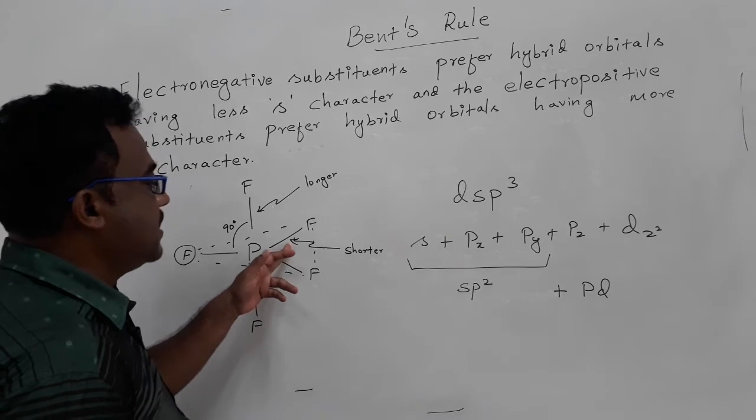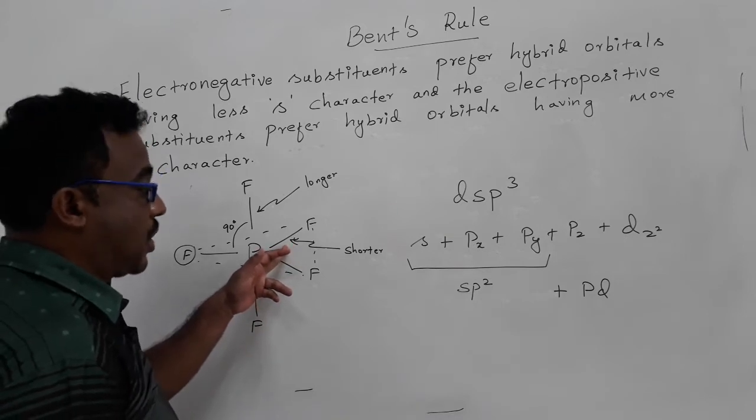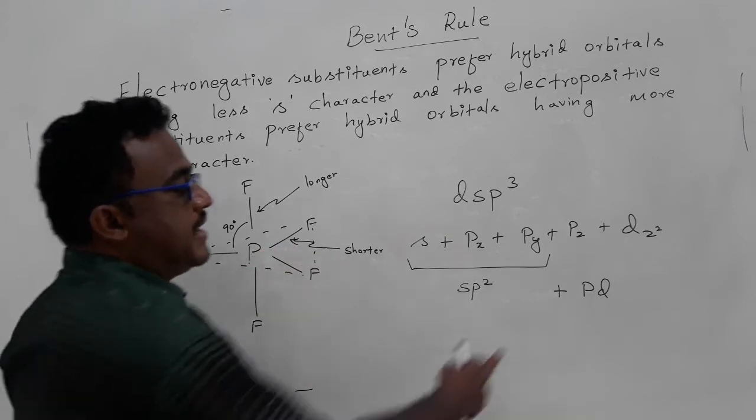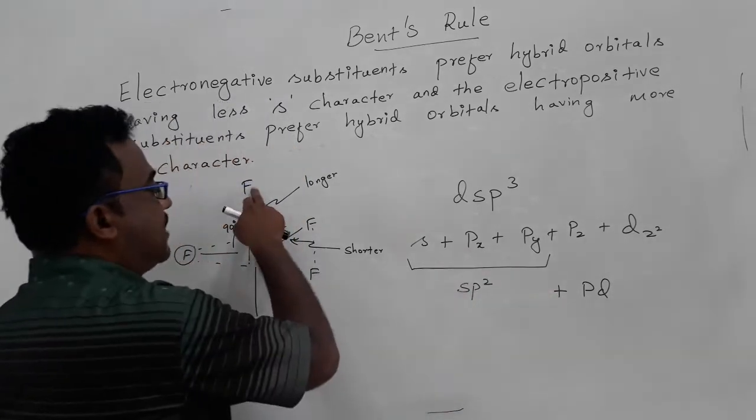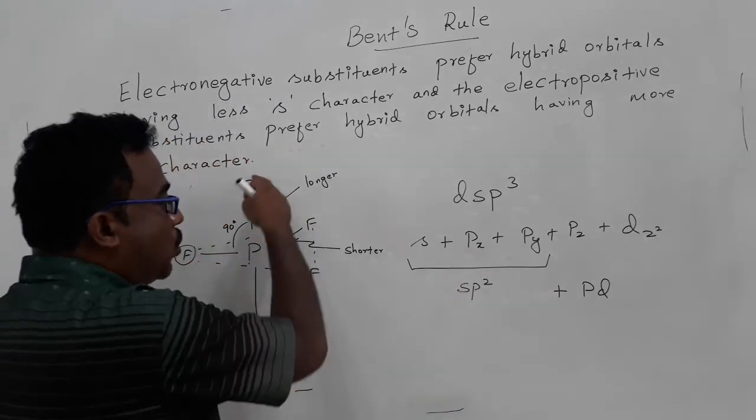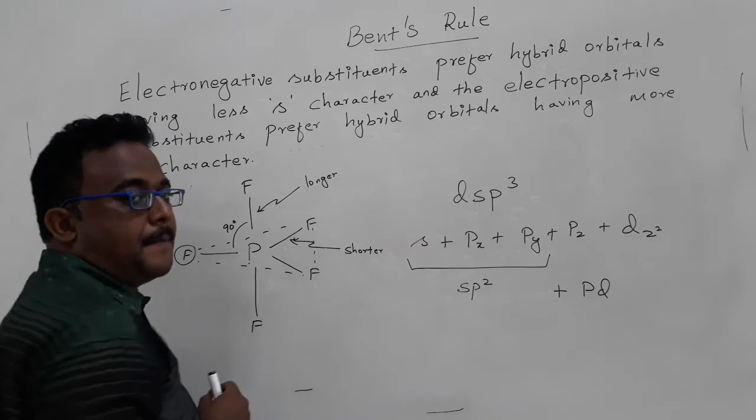So this bond is stronger, a shorter bond length, and the pd hybrid orbitals are involved with the fluorine atoms to form two axial PF bonds.